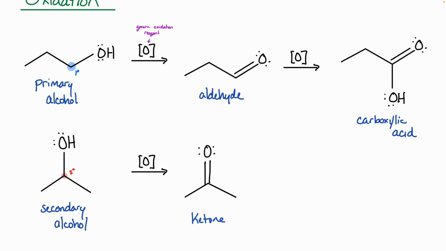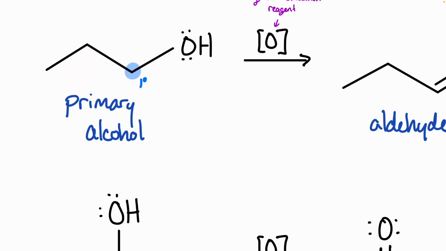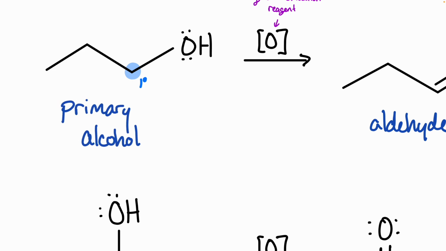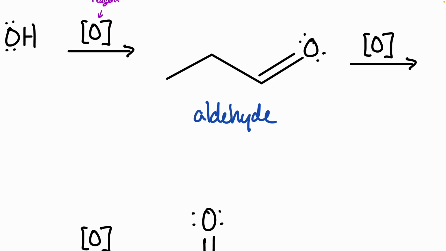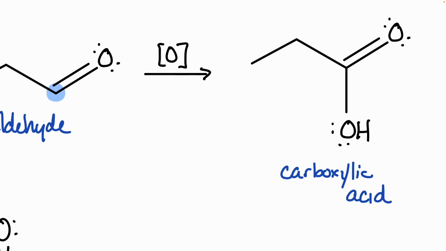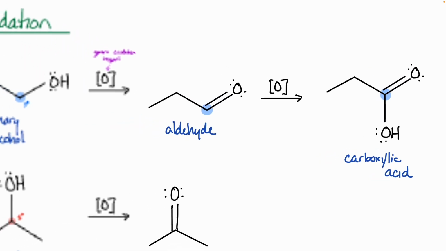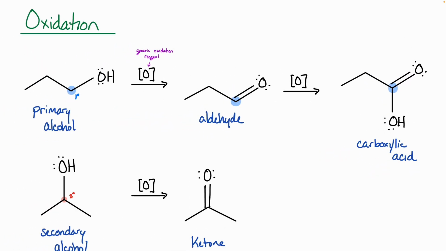One thing to note here, if we go back up, how many hydrogens are there on that blue carbon, my primary carbon? 2. And what about over here on my aldehyde? How many hydrogens are on that carbon? Now just 1. And now how many hydrogens are on that carbon? 0. So notice that in each of these reactions, what I've done is I've replaced a carbon-hydrogen bond with a carbon-oxygen bond. Okay?